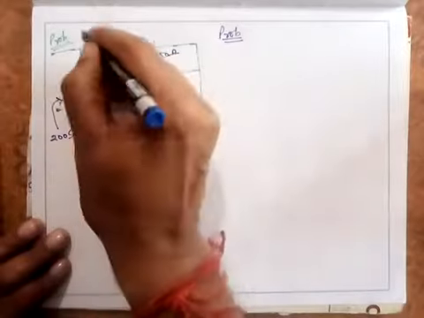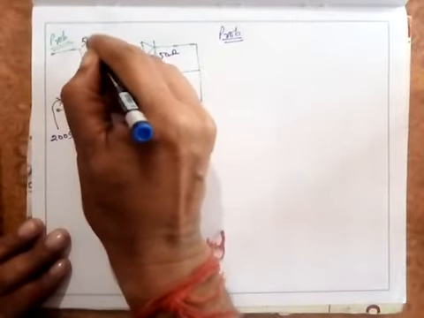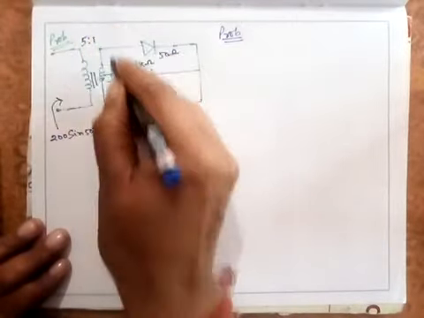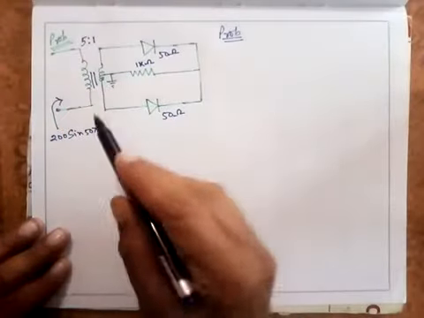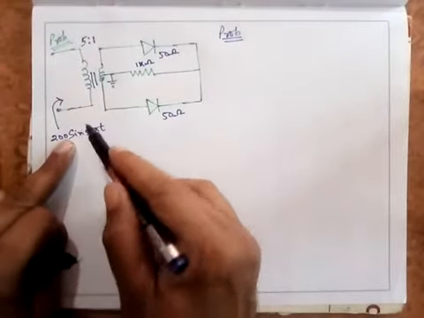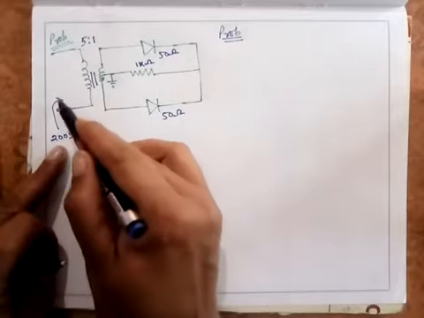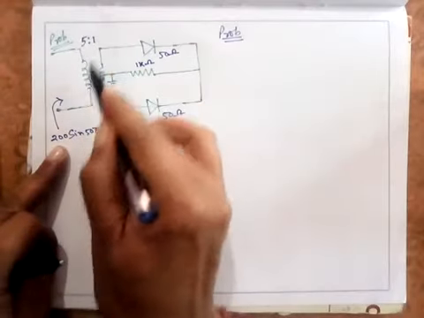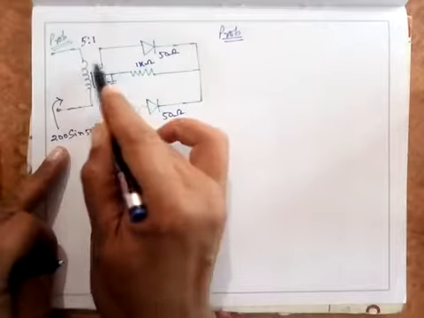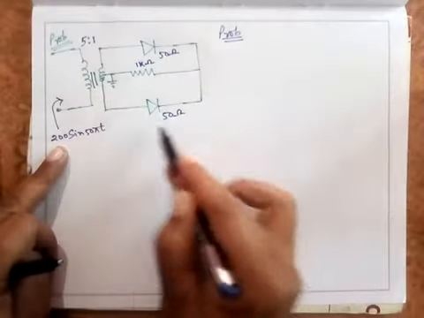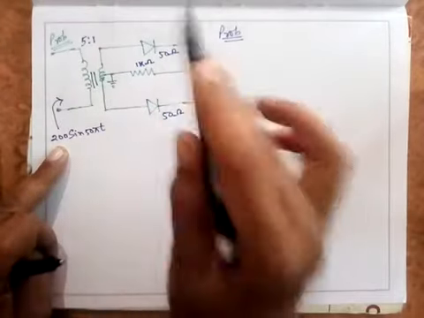Suppose it is a 5:1 center tap transformer. In other words, a signal of this value is applied to the primary of a 5:1 center tap transformer, which is used in a full wave rectifier. Simple as it is.